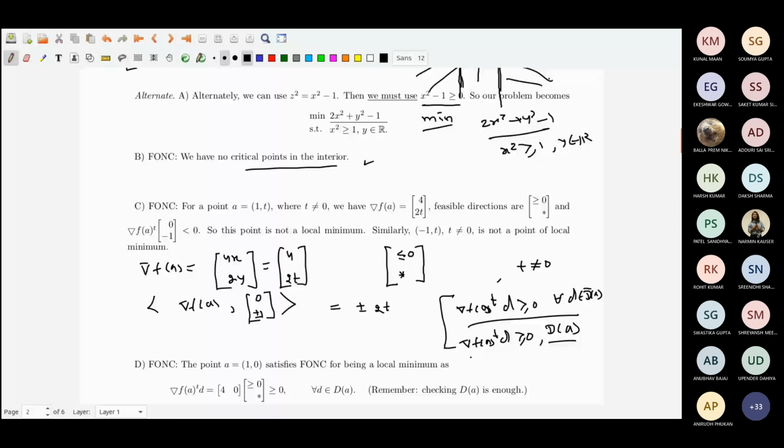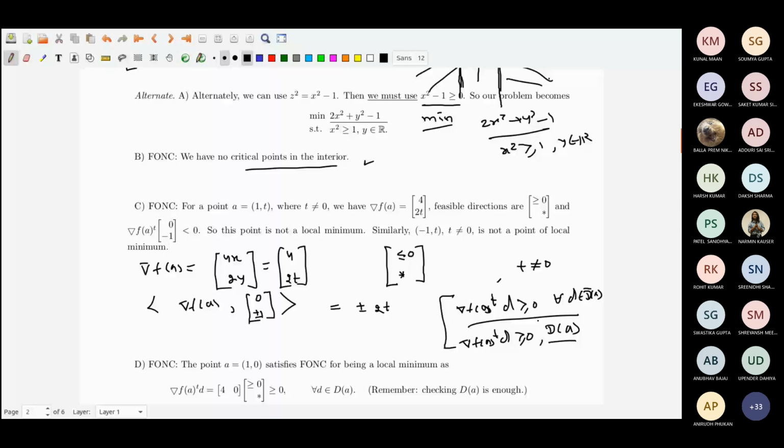This is a necessary condition, and my hope is that I will find some d where the condition fails, so that I can reject the point A. If you get a direction d for which this product is negative, you will find a direction in D(A) itself.